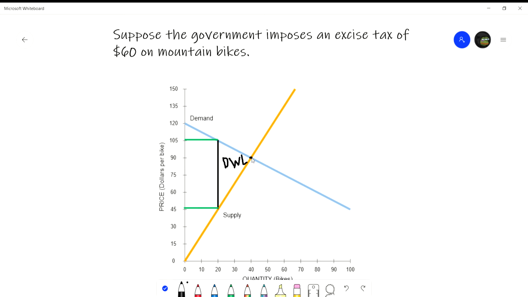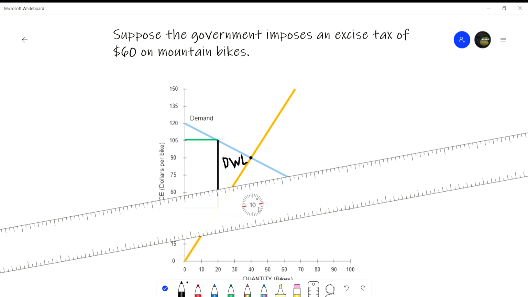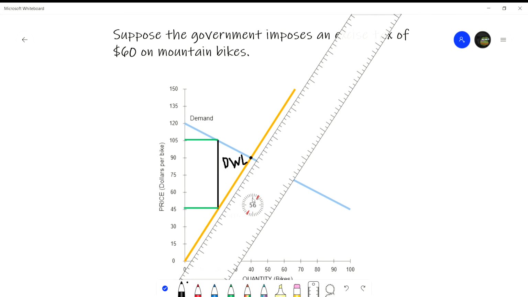That's our original equilibrium point. And because of our new tax wedge, all of these transactions are not happening. So that's going to be our deadweight loss. That's going to be the area of this triangle here.